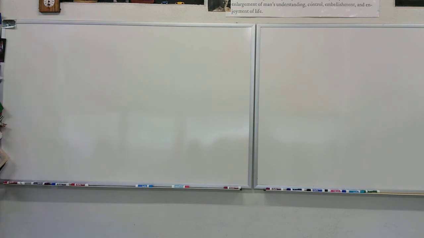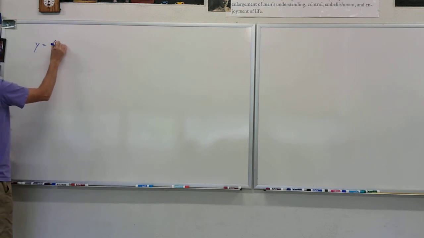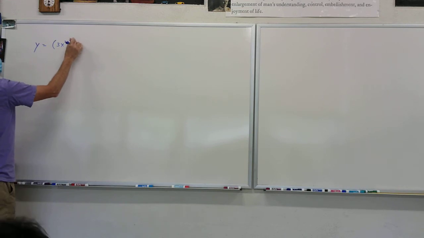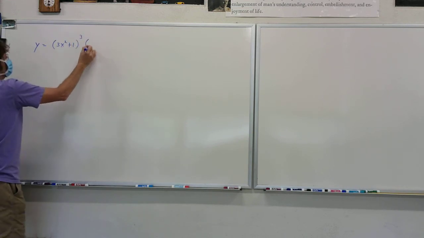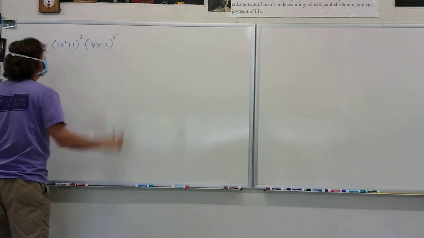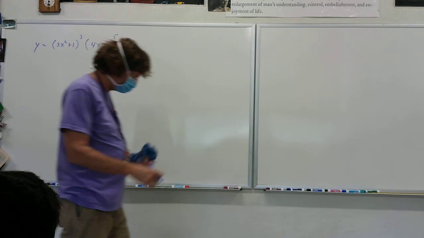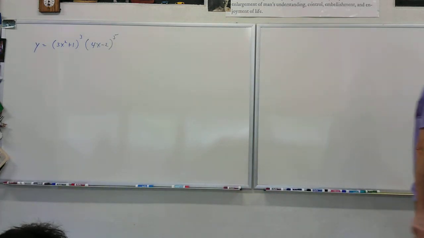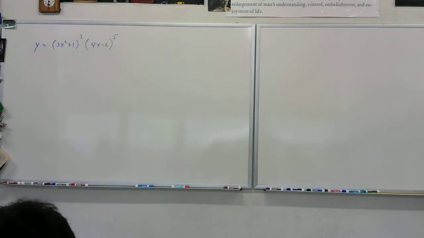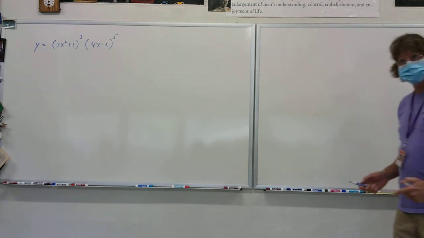All right, here we go. Y equals parentheses 3x squared plus 1 to the third times 4x minus 2 to the 5th. Now, this is the bad boy of the day. This is the one that's going to make you do some algebra when you're finished.